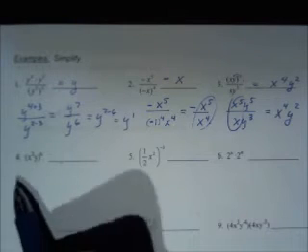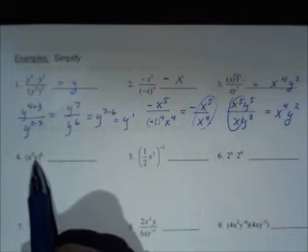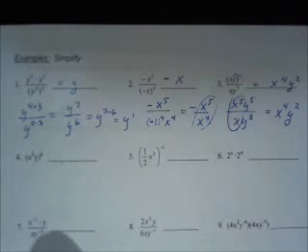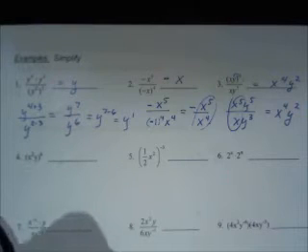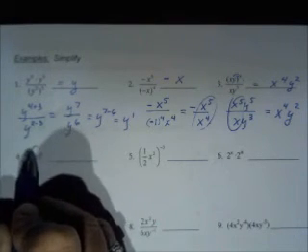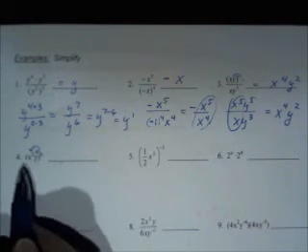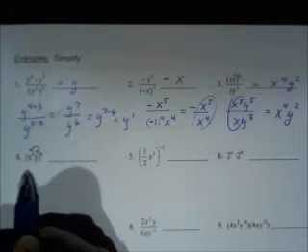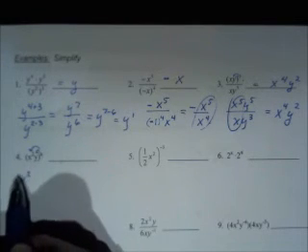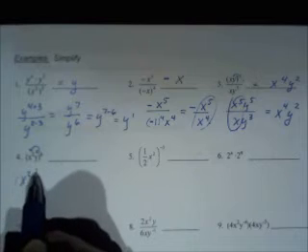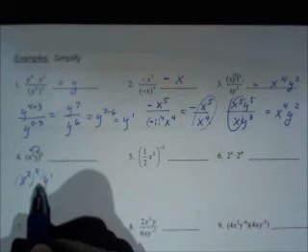Number 4, I look inside parentheses, we have this product, x squared y raised to the k power. Since we have a product raised to a power, we're going to distribute the exponent k. So this becomes x to the second raised to the k, and y to the first raised to the k.